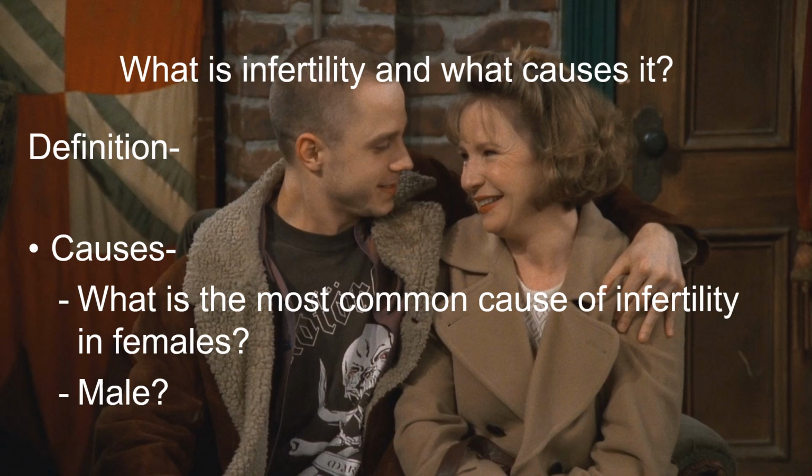We have a lot of tests to know early enough if a couple is infertile or not. Okay, there are many causes of infertility. The most common cause in females would be hormone problems, like those coming from polycystic ovarian syndrome, and for males, it's low sperm count.